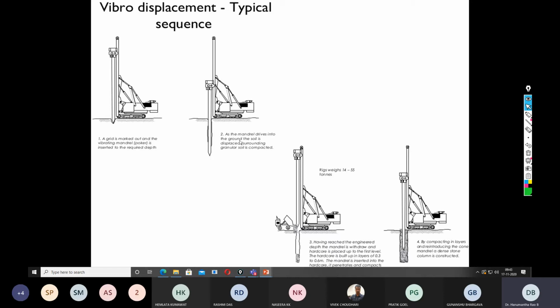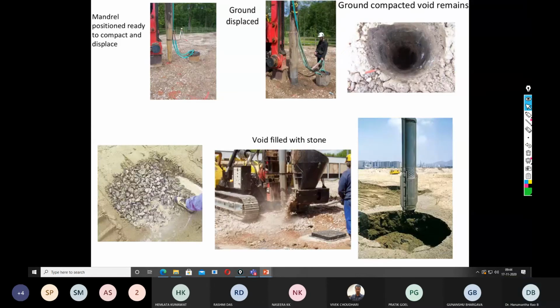Second, as the mandrel is driven into the ground, during the driving it displaces some soil mass. So this displaced soil mass is refilled with the backfill material, but this backfilling is normally done from the bottom of the borehole to the top of the borehole.